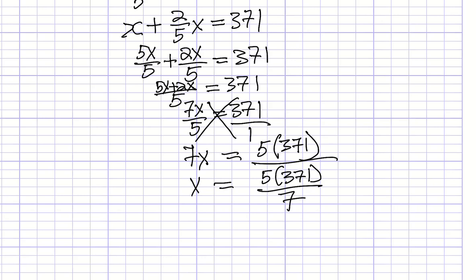We'll leave it like that, because 7 divides 371 and gets 53. So that's basically 5 times 53, which is the same thing as 265. Okay, so x is equal to 265.